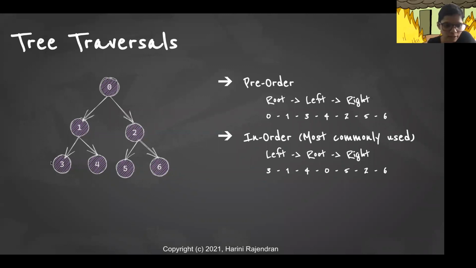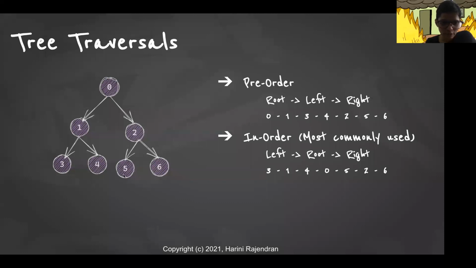If we do an in-order traversal of 1, 3, and 4, we'll again have to start with the left subtree first. So the first one is 3. After visiting the left subtree, we'll visit the root, so 1, and then the right subtree 4. So now this whole left subtree is done. Then the root 0. Then we'll do an in-order traversal of the right subtree.